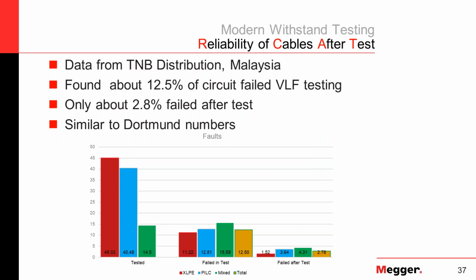Statistically, they ended up with pretty much the same numbers as Dortmund. So it was a very successful and positive verification of the Dortmund numbers, because in total you can see that on average only a little bit less than 3% of the cables actually failed.